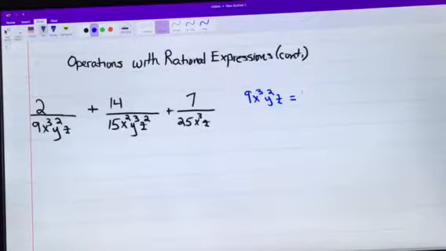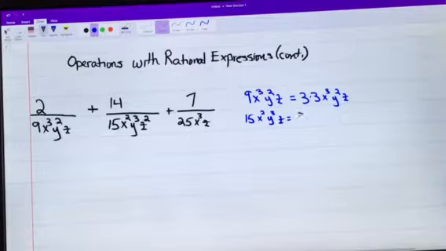If I factor out the 9, I have 3 times 3, x to the third, y to the second, times z. Now for 15x squared y to the third z, I have 3 times 5 times x squared, y to the third, times z.